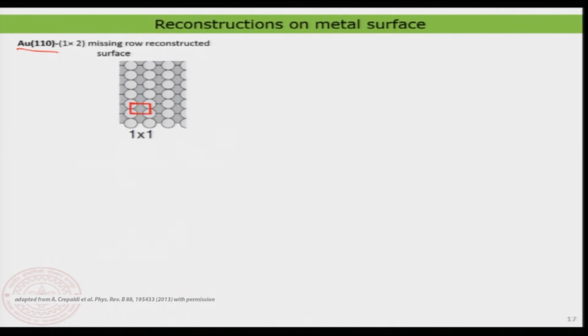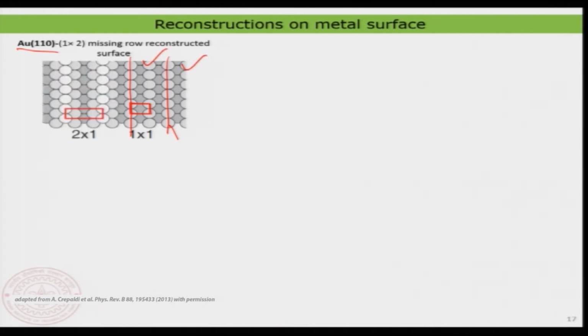What happens to reconstruct the surface is that it misses adjacent rows: these rows are existing, and the adjacent row on the top layer is missing. The row which was in between here is now missing. So this is called a missing row reconstruction.